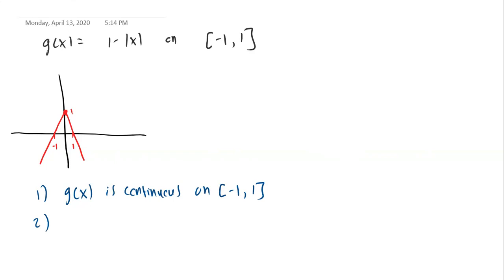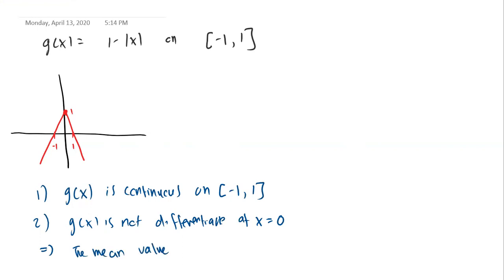It's not, right? Because we have that sharp edge at x equals 0. So it's not differentiable at x equals 0 because we have a sharp edge. So the mean value theorem does not apply on this interval. Oh, yeah, I said I was going to write MVT, right? So the MVT doesn't apply on this interval.